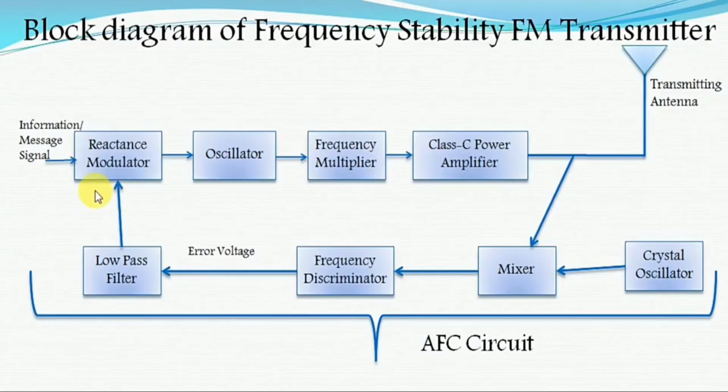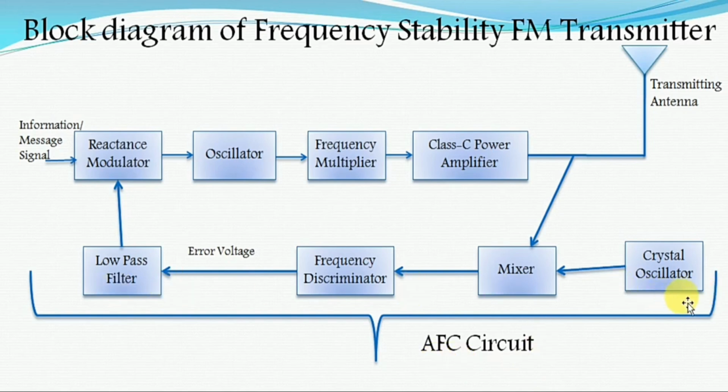If you consider this upper part, it is simply the reactance modulator FM transmitter block diagram. So in order to obtain the frequency stability in the direct FM transmitter, we have to make use of an automatic frequency control circuit. This automatic frequency control circuit will consist of mainly 4 blocks.